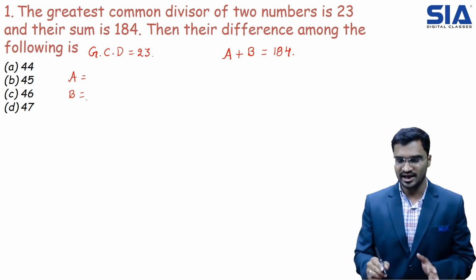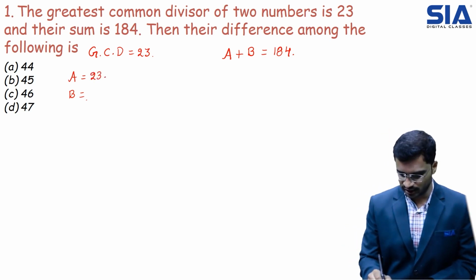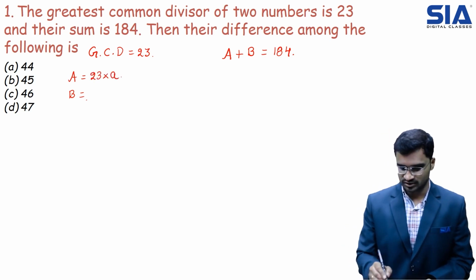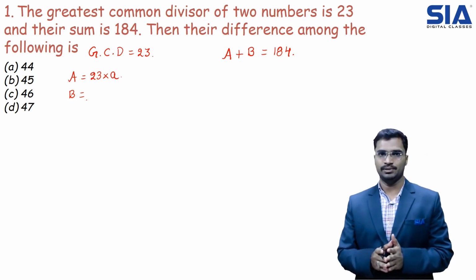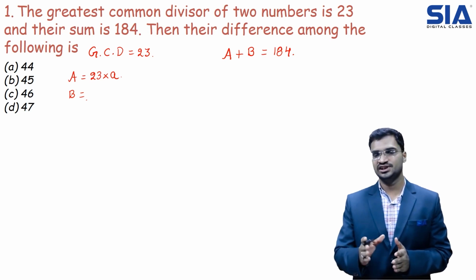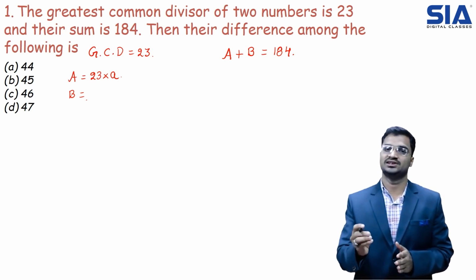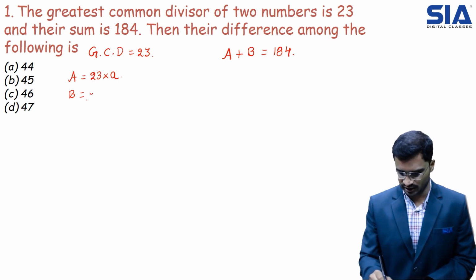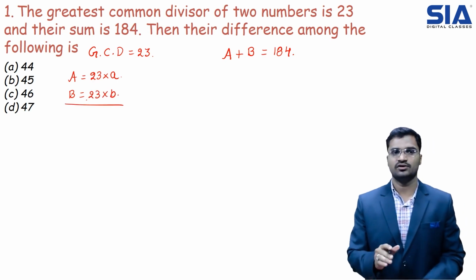So I can write A as 23 into small a. A is a 23 multiple and B is also a 23 multiple because their greatest common divisor is 23. So A is 23a and B is 23b.